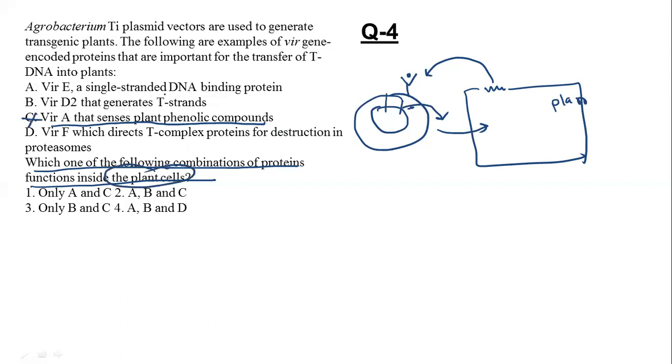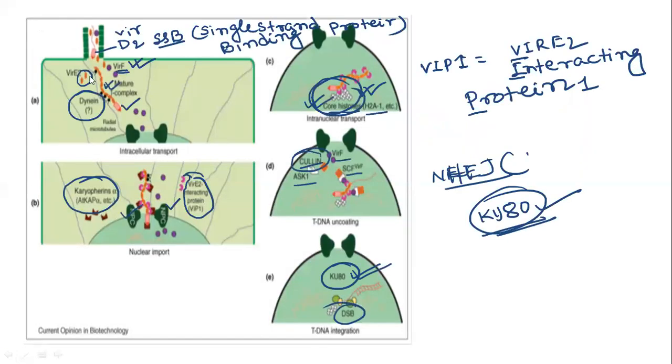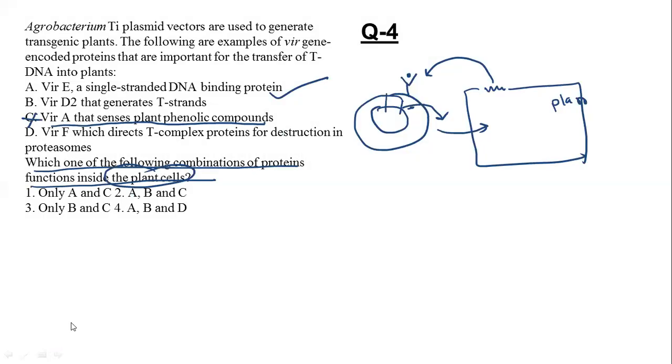So VirE is a single stranded DNA binding protein. Yes, VirE works in the plant cells. You can see that VirE and VirD2 are working inside the plant cells. Another is VirD2 that generates the T strand.